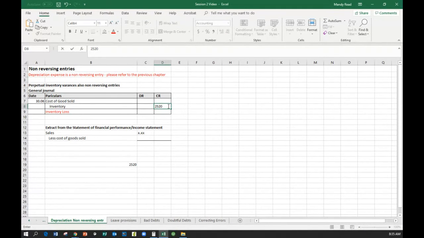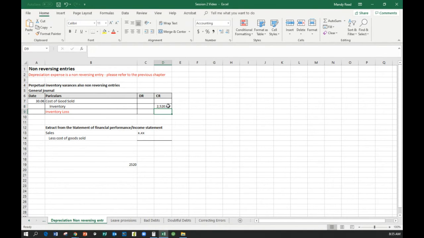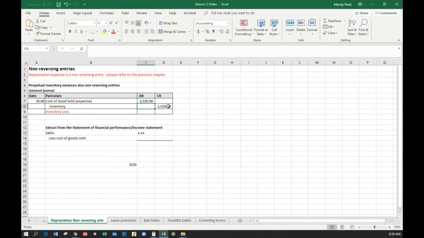So we've got to take $2,520 out of the inventory account because we no longer have this inventory, and that has been a cost to us. Remember, the cost of inventory is put into an account called cost of goods sold. This is an expense account that is going to get closed off to the trading account. So we need to have our double entry principles and have the two accounts balanced.